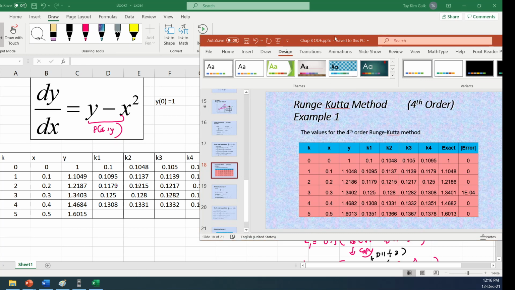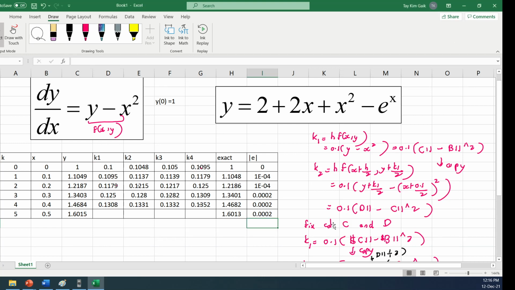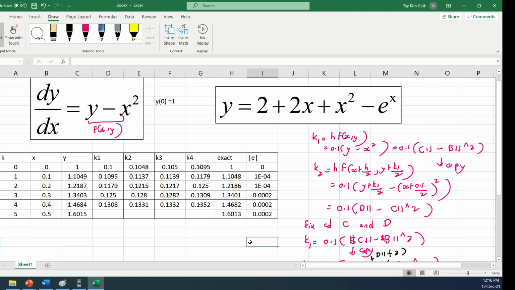So this is using Microsoft Excel will be faster. Then you calculate one by one using calculator.